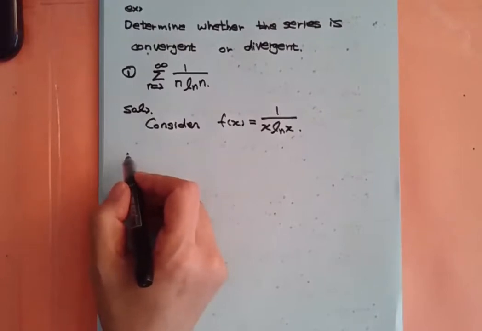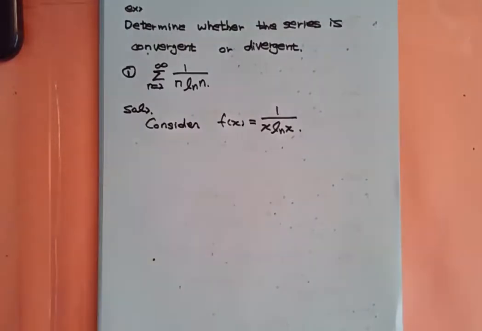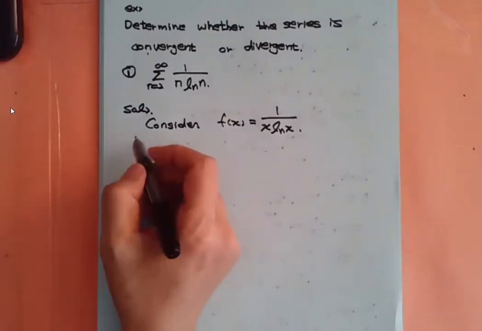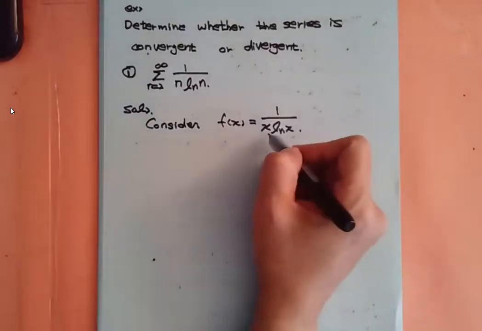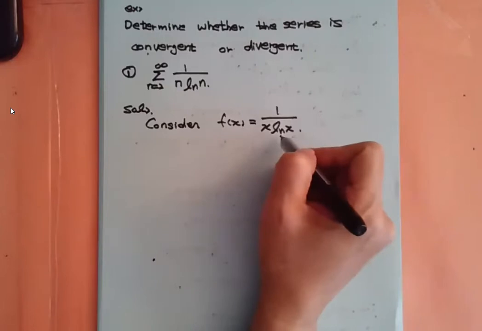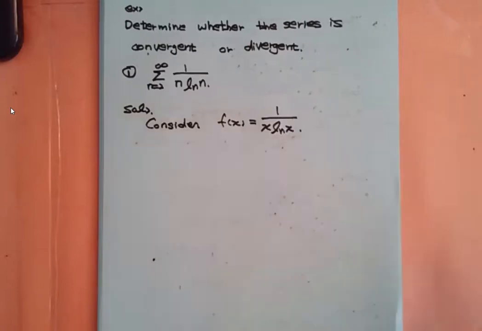As I said, to apply the integral test, we have to check whether the function is continuous, positive, and decreasing. So we know that both x and natural log of x are continuous functions, and there is no 0 in the denominator if the given value is greater than 2 in this case.